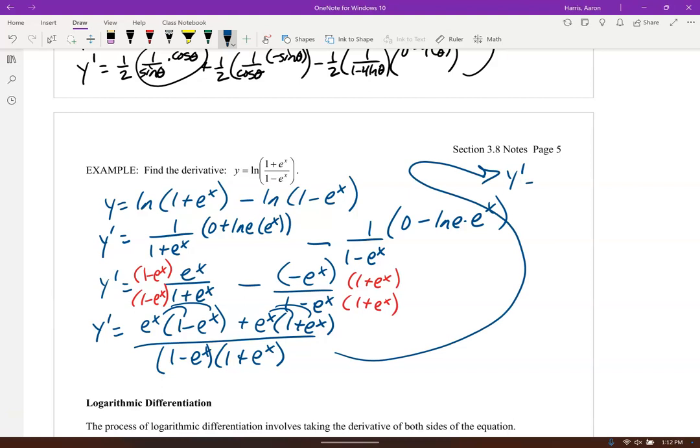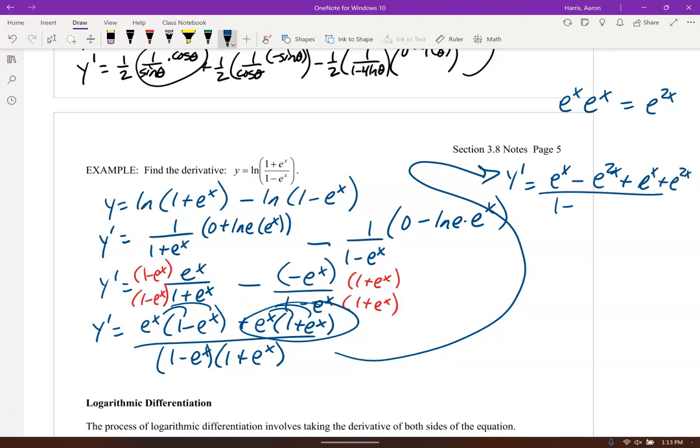So y prime equals e to the x times 1 is e to the x minus e to the x times e to the x. So e to the x times e to the x is e to the 2x, right? So minus e to the 2x plus, now I'm distributing this one here, e to the x through, so e to the x plus e to the 2x. Notice that one and that one are gone. So I've just got e to the x plus another e to the x. There's 2 of those e to the x's.